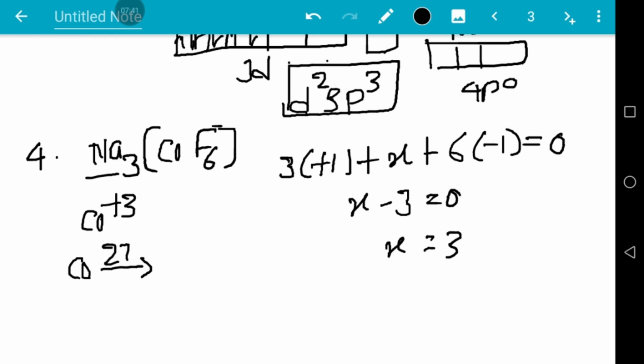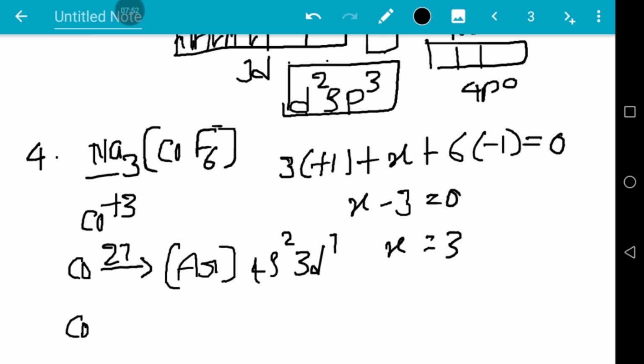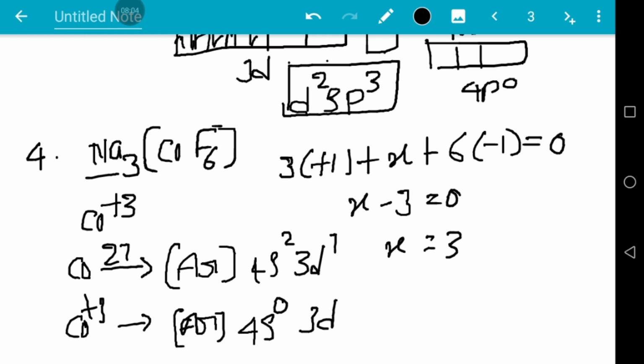Now cobalt's atomic number is 27, so the configuration is argon 4s2 3d7. Now for cobalt +3 configuration, remove the 3 electrons. First remove the 2 electrons from the 4s orbital, then it will be 4s0, and 3d6 will come.